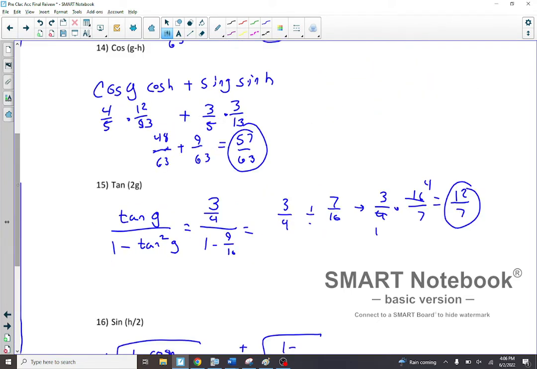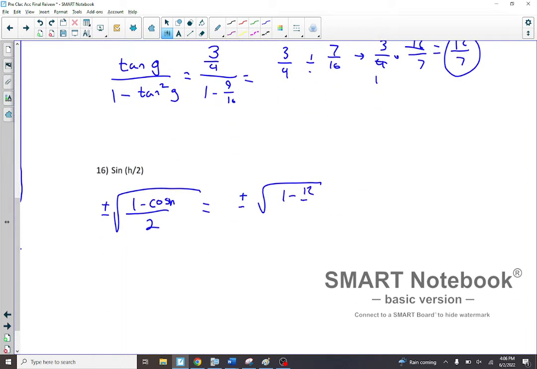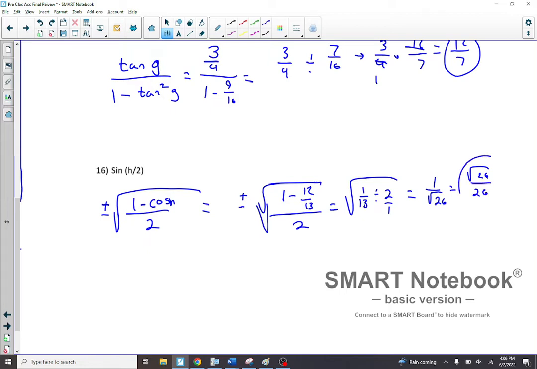So cosine of h, which we did in the past, is 12 over 13. So 1 minus 12 over 13 over 2 is in the square root. That's going to be the square root of 1 over 13 divided by 2, so 1 over the square root of 26, which we would like to rationalize. Root 26 over 26.